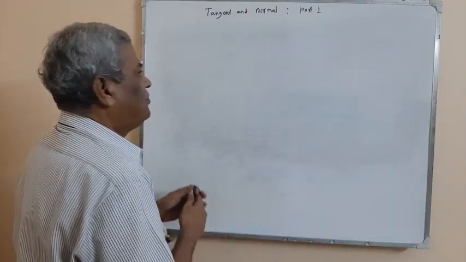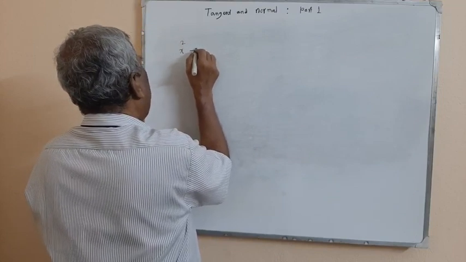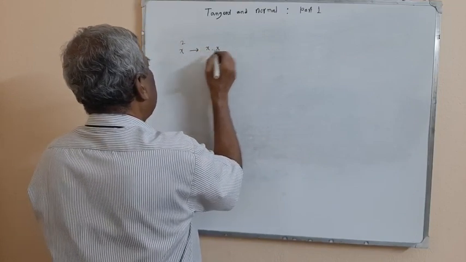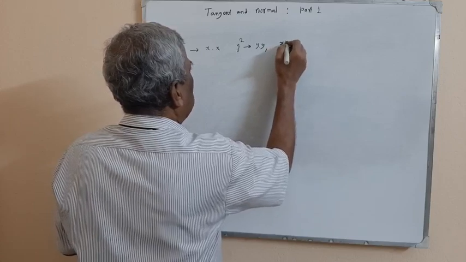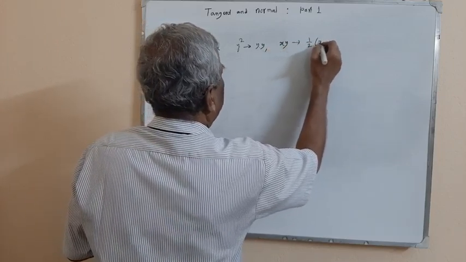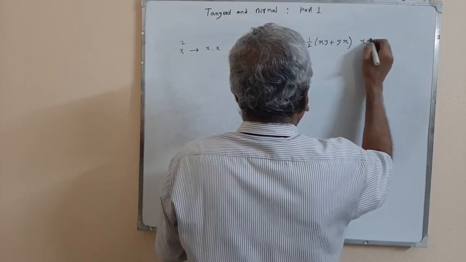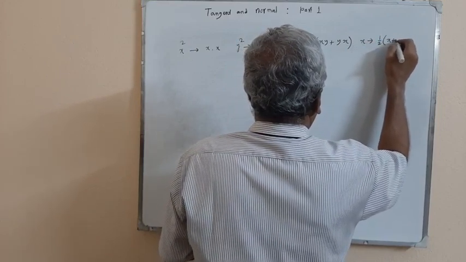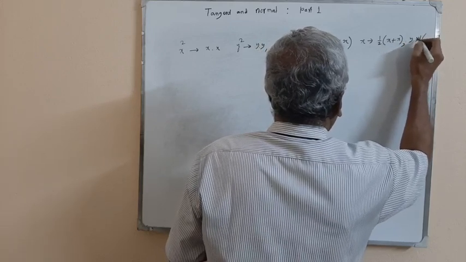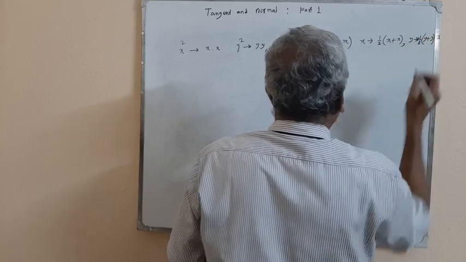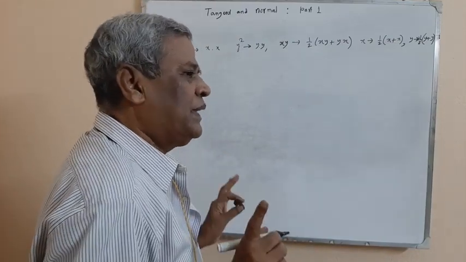And the process is, in the equation of the curve, x square is replaced by x into x, y square to be replaced by y into y, x into y to be replaced by half of x y plus x y, x to be replaced by half of x plus x, and y by half of y plus y, and the constant of the function to be kept intact.